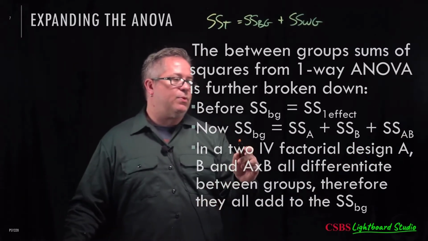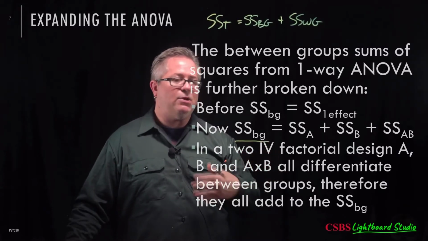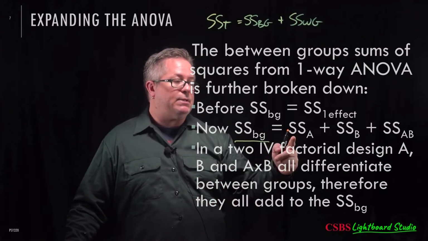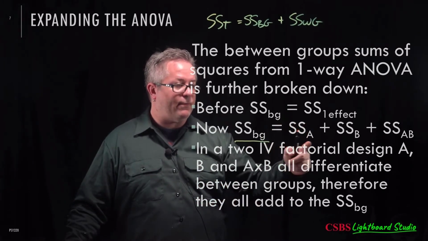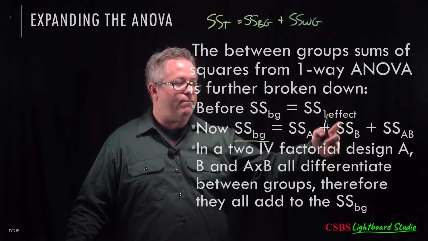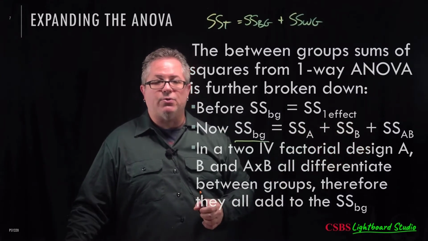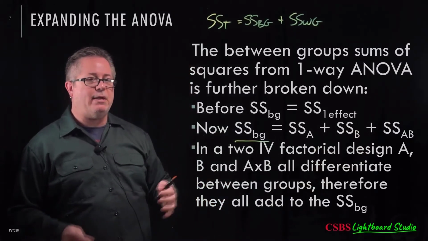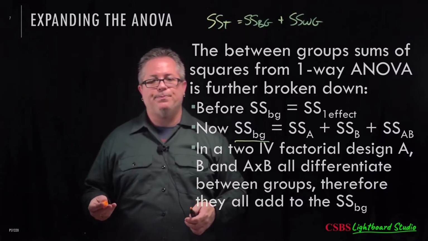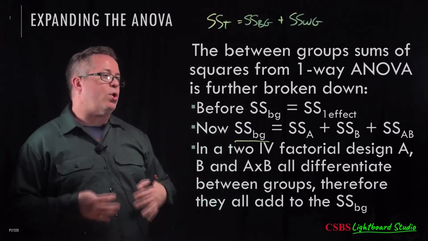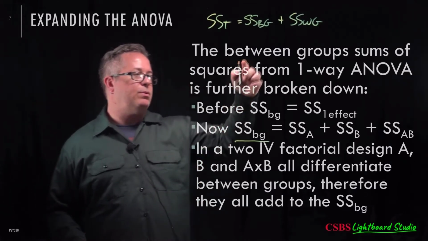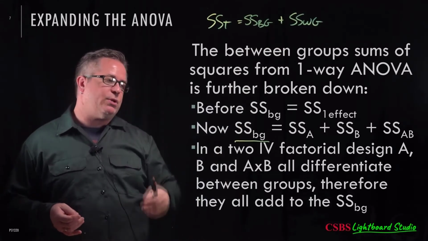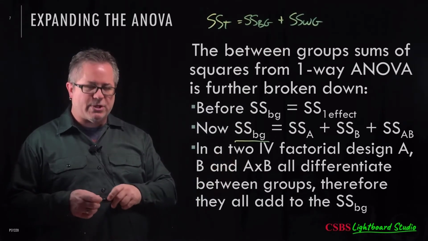So now the sum of squares between groups, which used to be just one thing, is now getting broken down into three things: the sum of squares for the main effect of A, the sum of squares for the main effect of B, and the sum of squares for the interaction between A and B. So in a two-IV factorial design, A, B, and AB all are differentiating between groups. Therefore, they're all components of what we thought of before as just sum of squares between groups, and we need to break them up and separate them out a little bit.